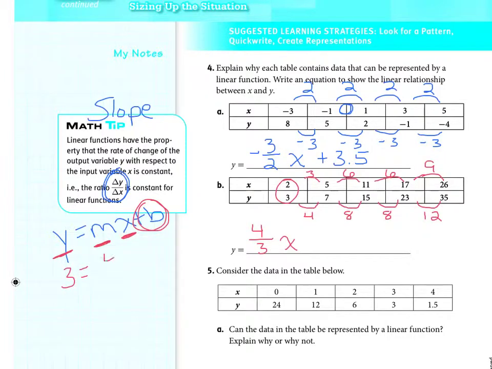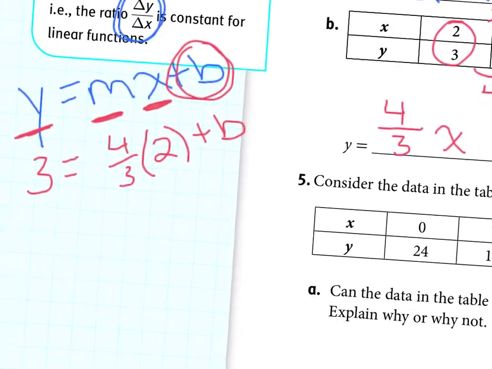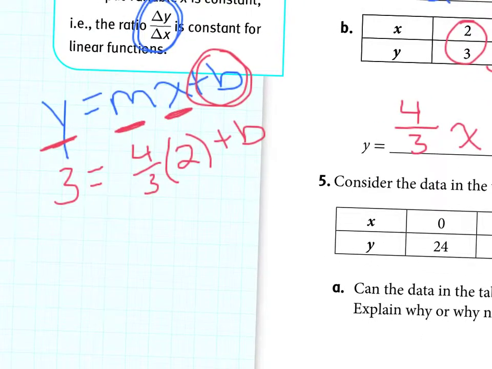3 equals 4/3 of x plus b. And let's solve for b. Okay, I'm going to zoom in a little bit so we don't take up as much space. 4/3 times 2 is going to be 8/3 plus b. I need to subtract 8/3 from each side, but it'd be helpful for them to have the same denominator.